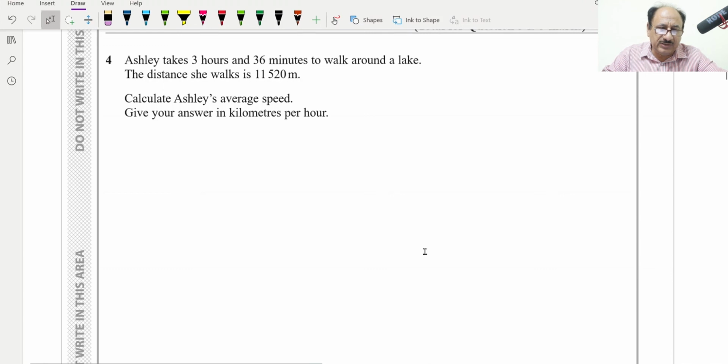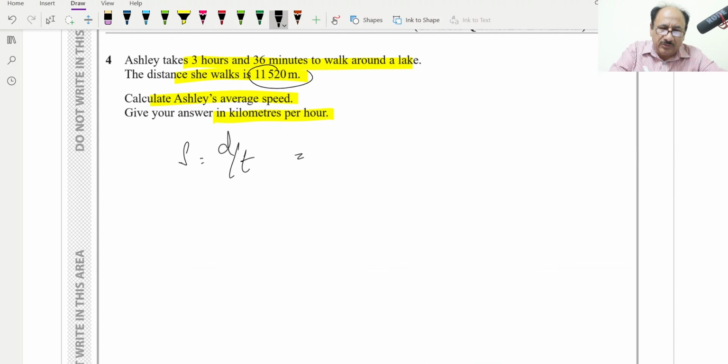Ashley takes 3 hours and 36 minutes to walk around a lake. The distance she walks is this much, and we have to calculate the average speed in kilometers per hour, and we know speed is equal to distance over time, and the distance is provided over here. So 11,520. This will be meters, but we don't need meters, we need kilometers, so we'll divide by 1000.